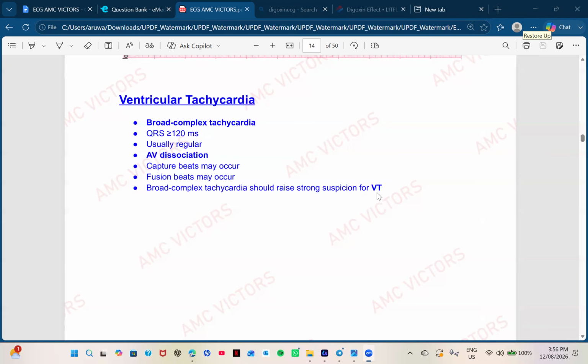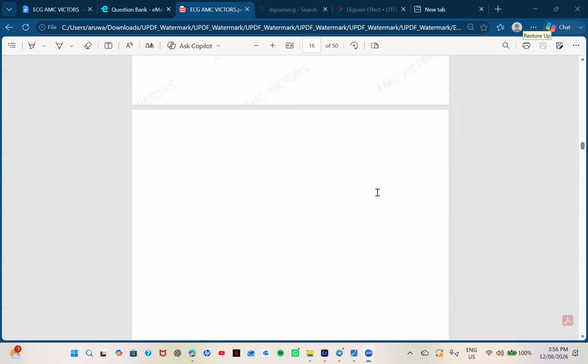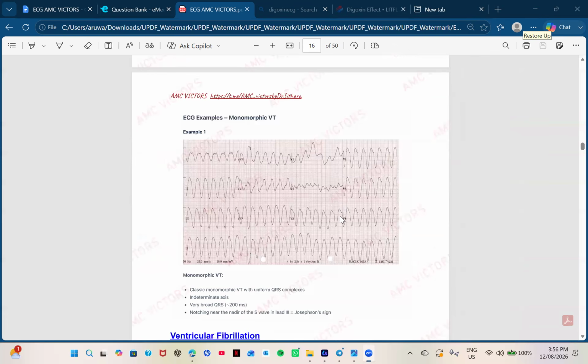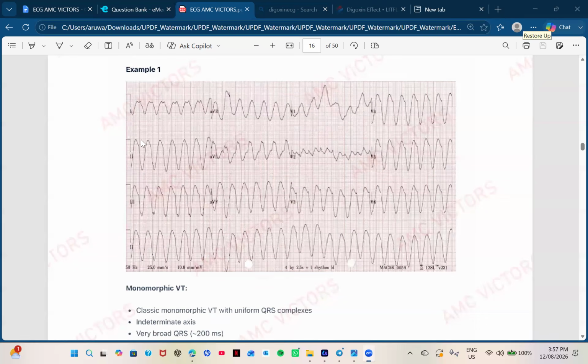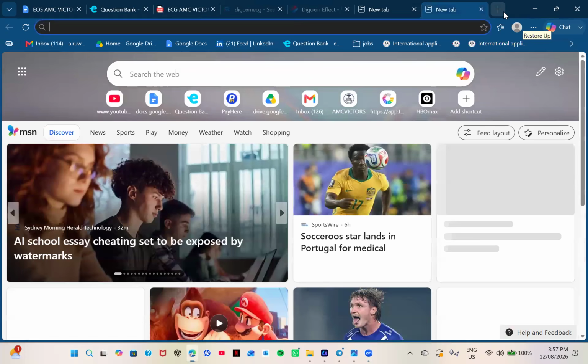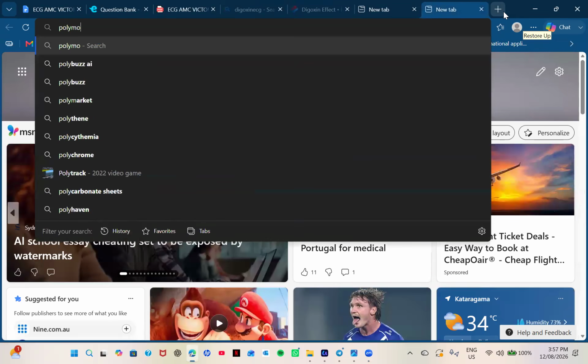I have attached one. Can you see? Every QRS complex has the same morphology. I'll show the polymorphic.